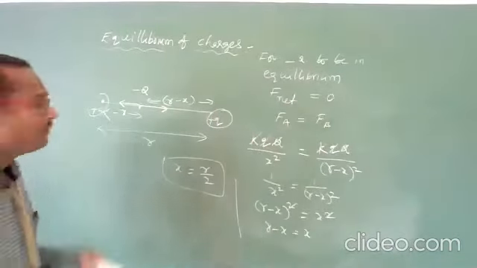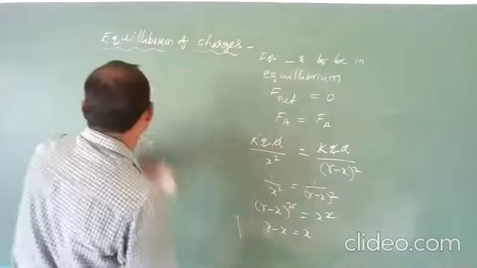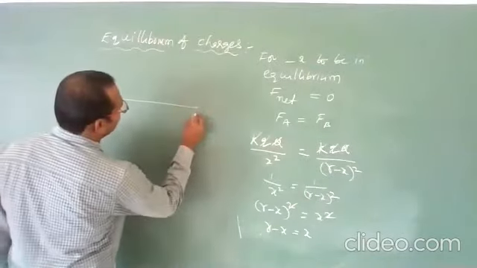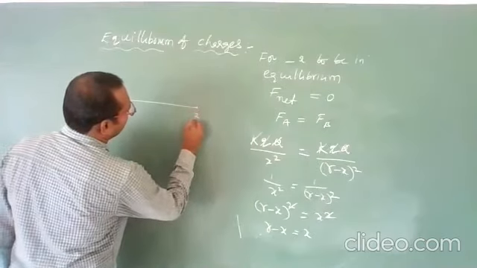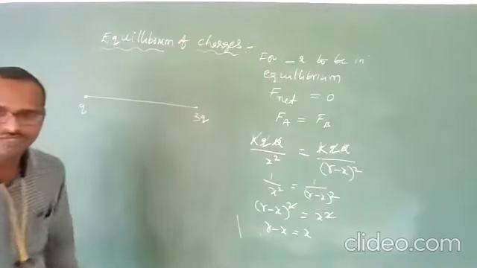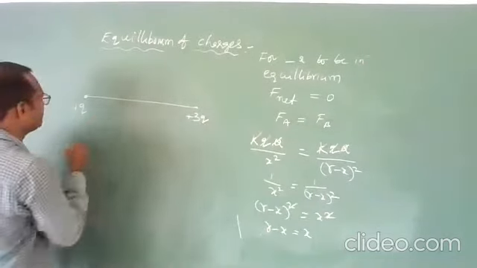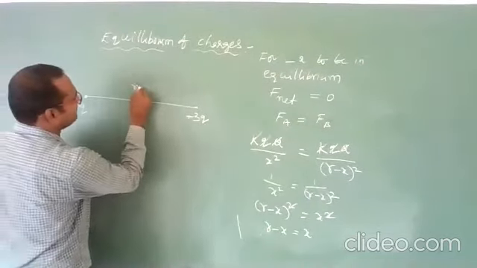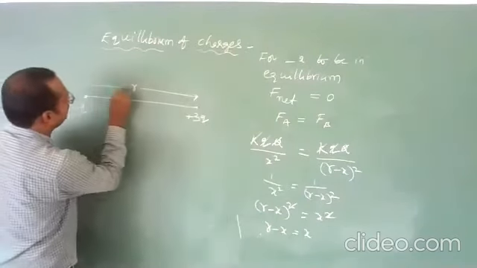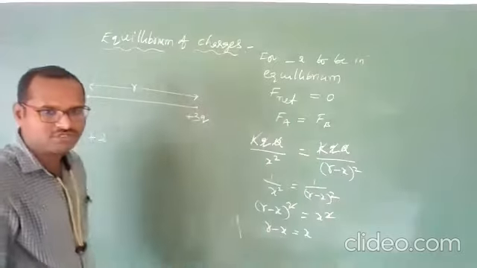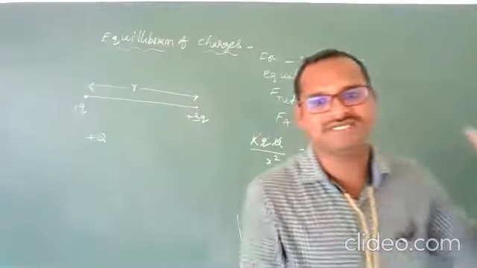Okay. Now let us take a different type of charges. Let us imagine here charge Q is there and here charge 3Q is there. One charge is Q, another charge is 3Q. Both are positive charges, let us suppose. The distance between these two is R. Where should we keep a third charge capital Q so that the third charge is in equilibrium?